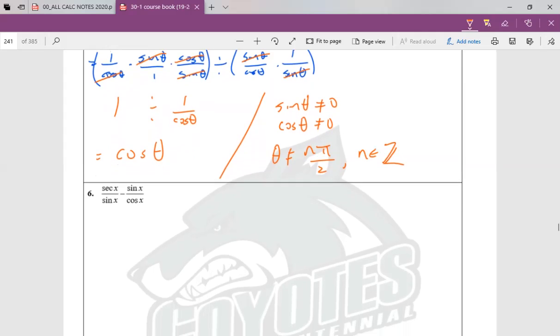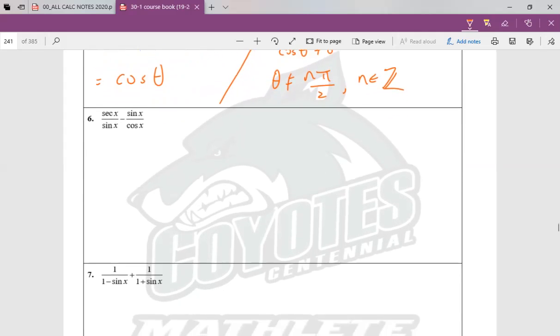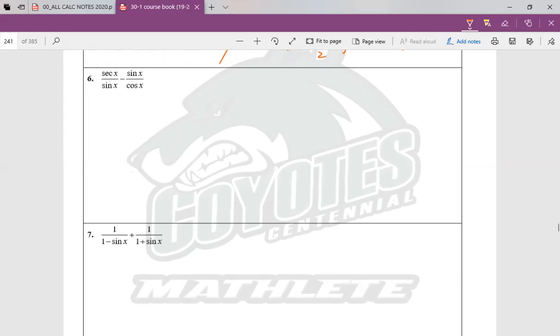All right. Here we are. Number 6, secant x over sine x minus sine x over cosine x. So again, let's just start to break this apart. This ends up being 1 over cosine divided by sine x.